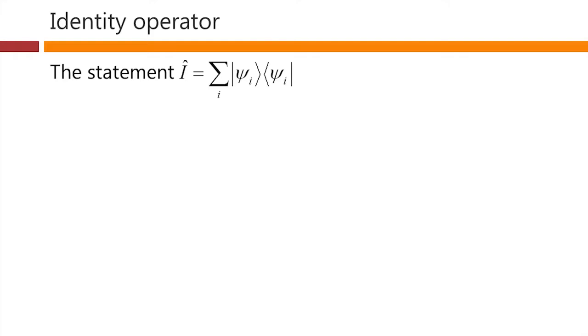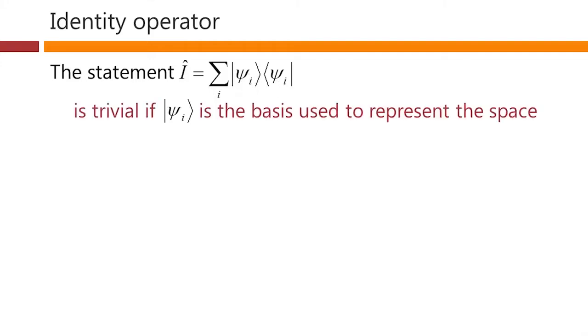Now, the statement that the identity operator I is just the sum over i of this ket vector for i and this bra vector for i is trivial if psi i is the basis used to represent the space. What do I mean by that?